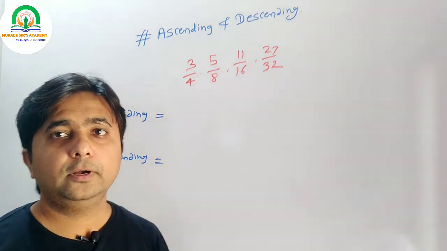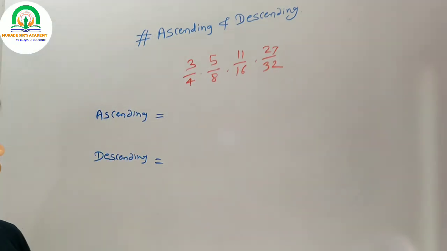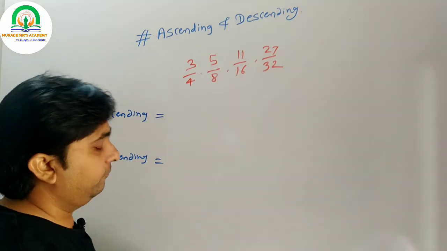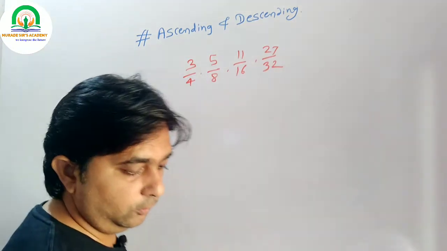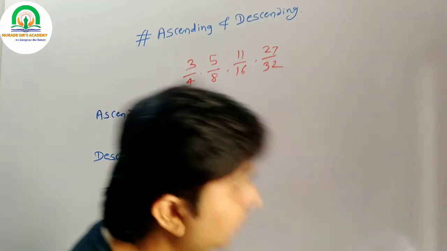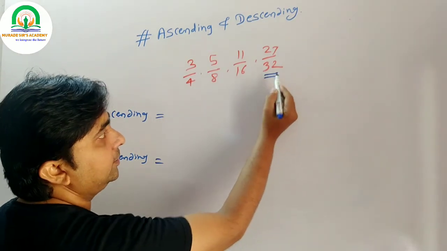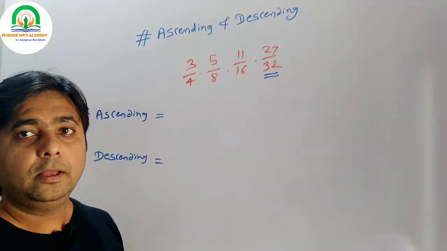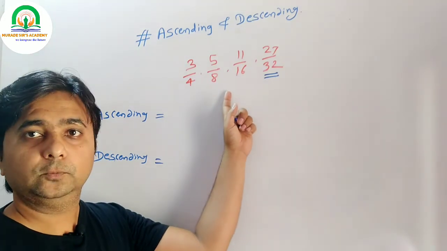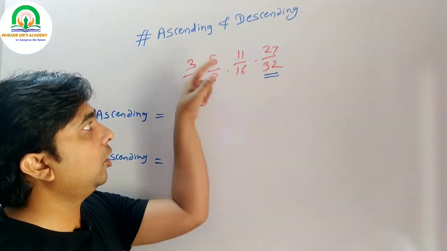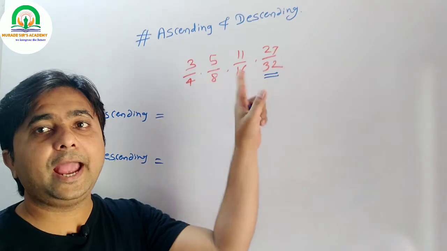This type of sequence we will solve. Find the greatest denominator, which is 32. Make all denominators 32, which means convert all fractions into like fractions.